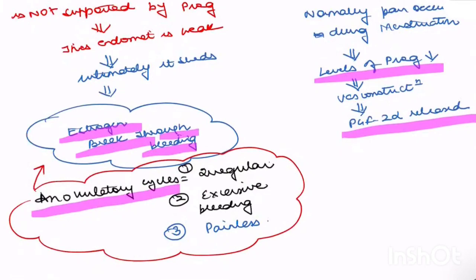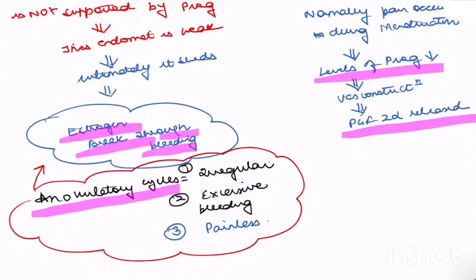And anovulatory cycles में bleeding happens due to excessive estrogen. These cycles are irregular, there is excessive bleeding, and these cycles are painless. Clear to all of you? Any confusions here?